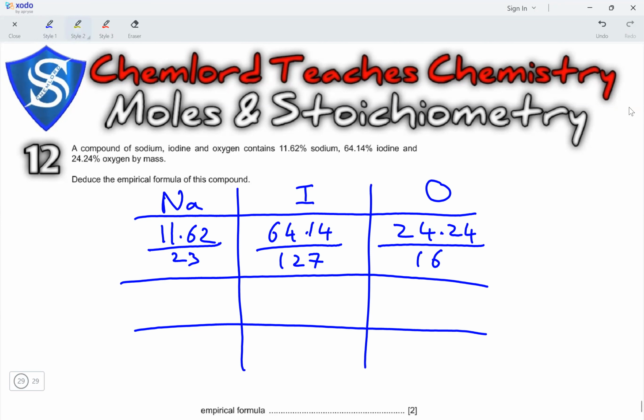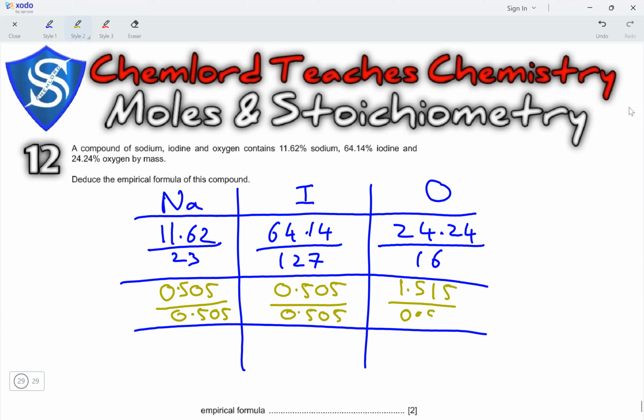And when we divide these values, we end up with a value of 0.505 for sodium, 0.505 for iodine, and 1.515 for oxygen. The next step is to divide these values by the smallest number amongst them, which is 0.505. So we divide each of these values by 0.505.